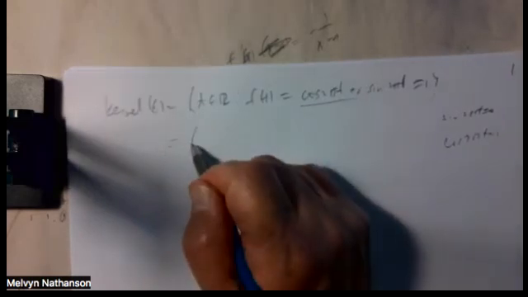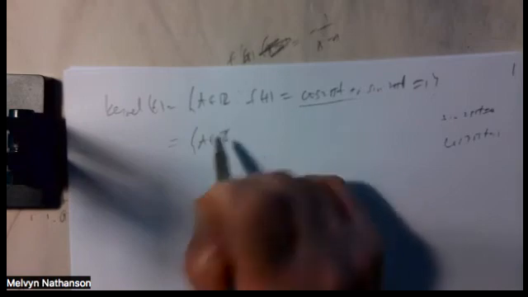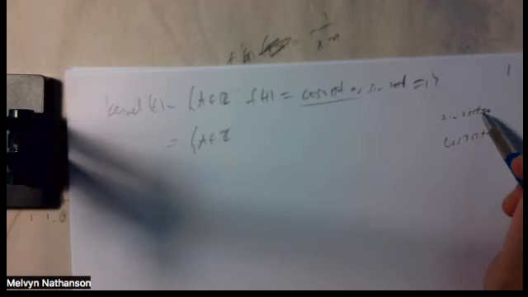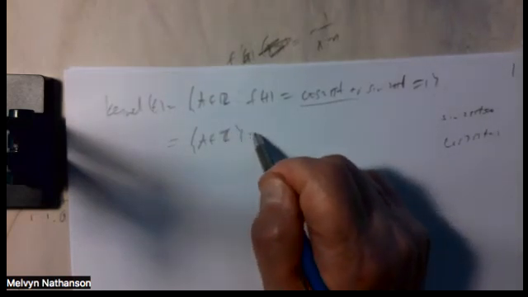There is no imaginary part, so you have to have sine of 2 pi t equals 0, and cosine 2 pi t equals 1. Cosine 2 pi t equals 1 precisely when t is an integer. And when t is an integer, sine of 2 pi t is 0. So the kernel of this homomorphism is the group of positive and negative integers.